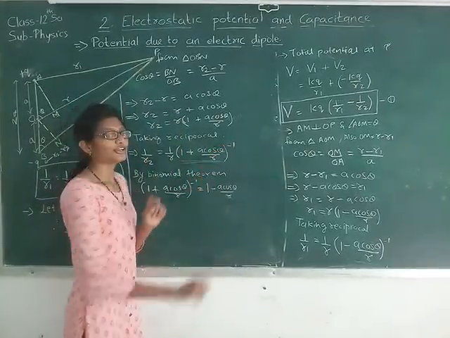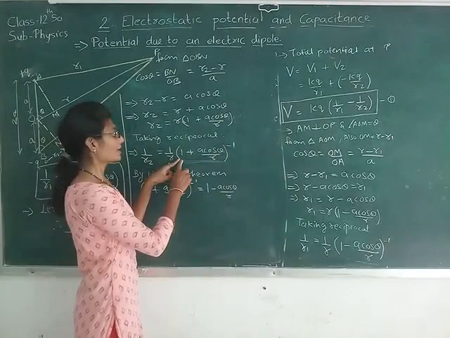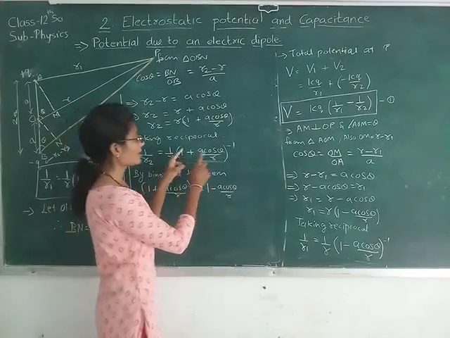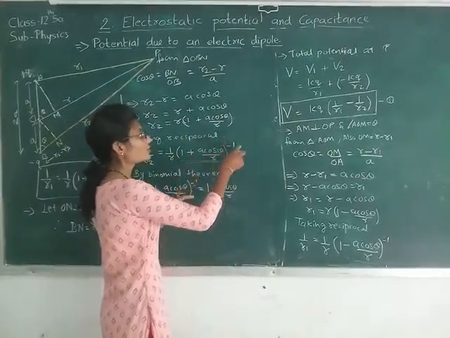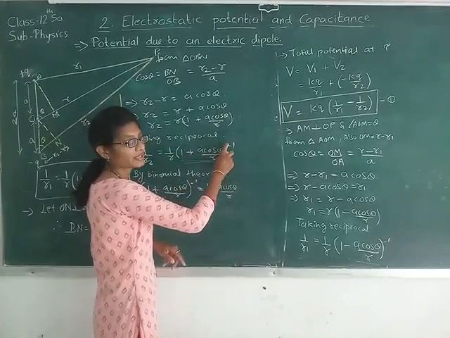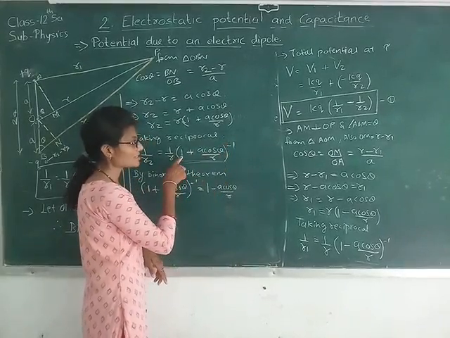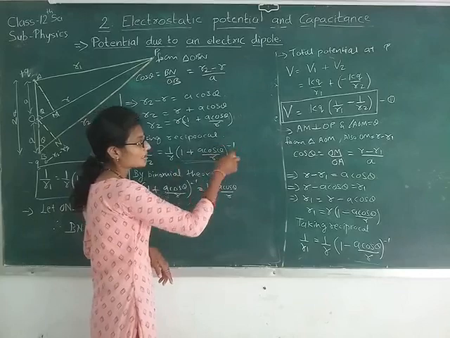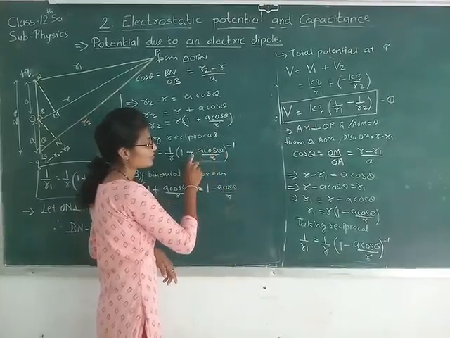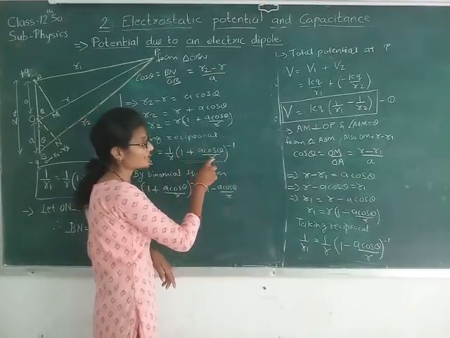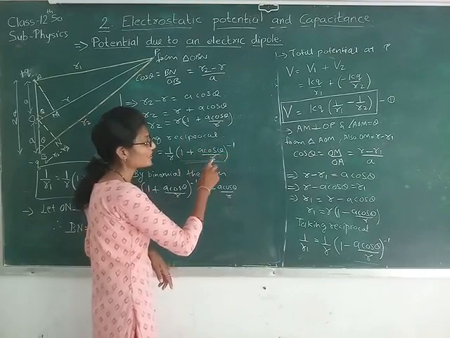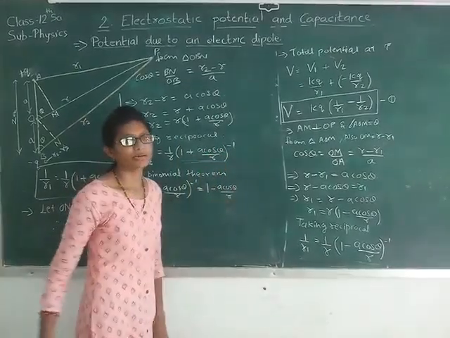Whenever you are having a negative power, leave first term as it is. In the second term, you need to just multiply this power. So here the first term as it is plus the power, that is minus 1. So multiply the power with the second term. Minus 1 into A cos theta by R, that becomes minus A cos theta by R.